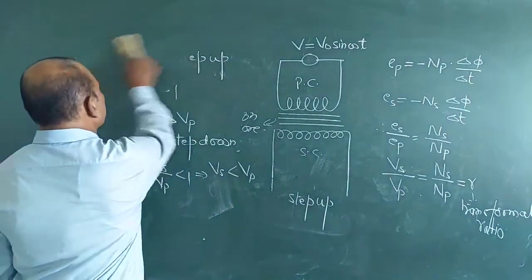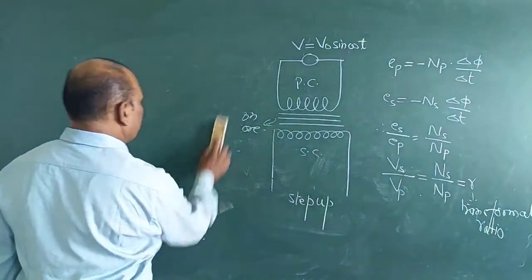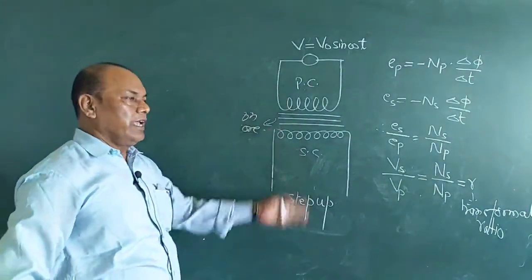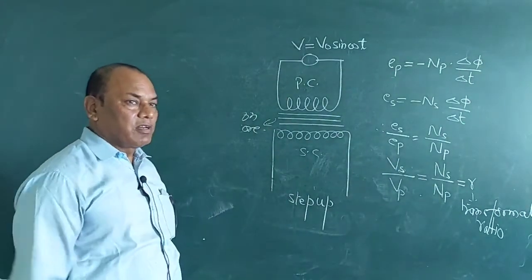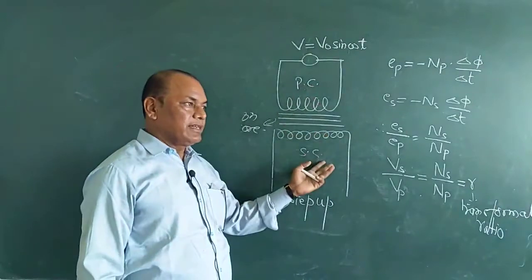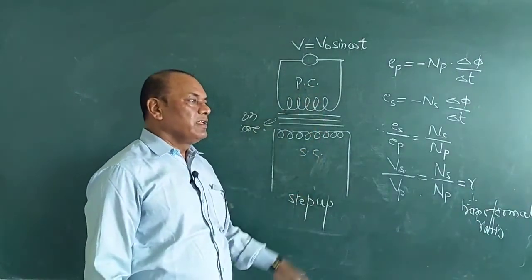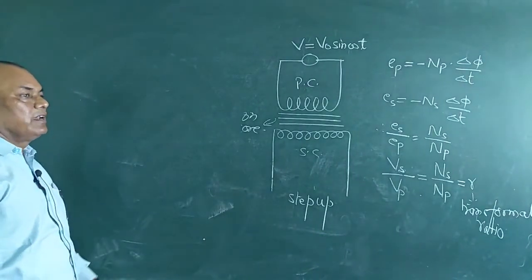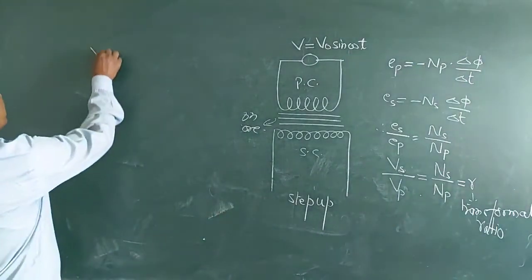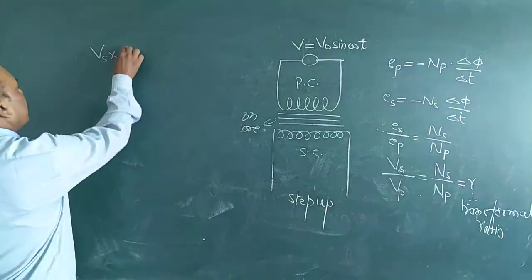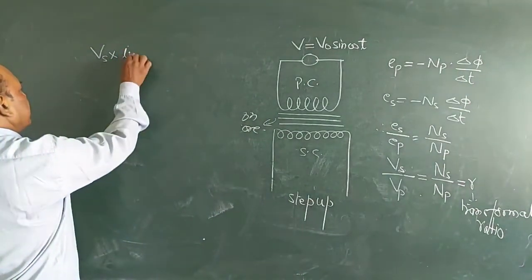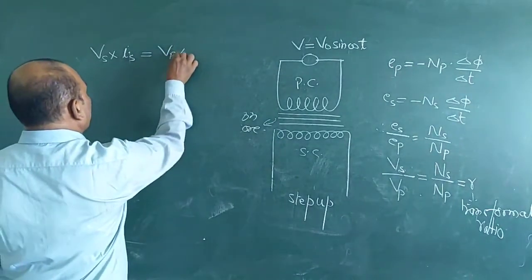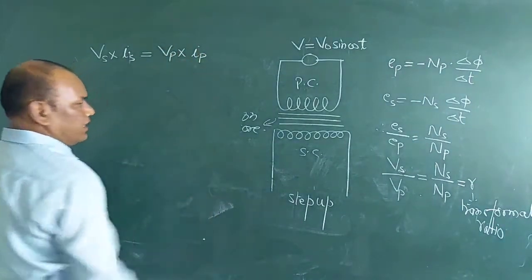Now here, if we talk about electrical power, then we find that this transformer cannot change the electrical power. Therefore, power across the secondary coil is equal to electrical power across the primary coil.